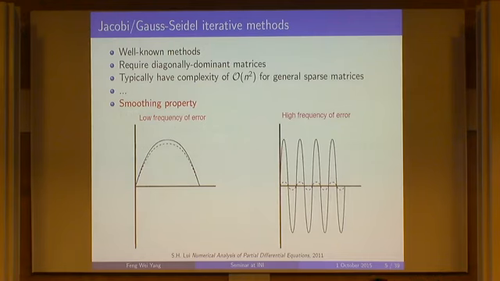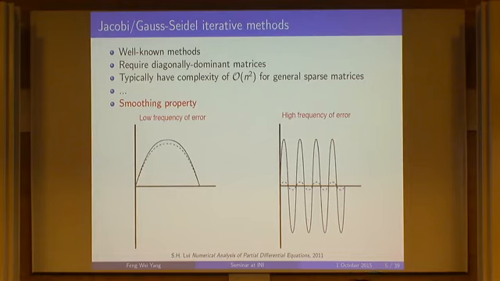Right. Talking about multigrid, I have to start with Jacobi and Gauss-Seidel-like iteration methods. They are at the core of multigrid, and I would regard multigrid as just a way of speeding up Jacobi or Gauss-Seidel. They are very well-known methods. You can list a lot of things about them in a few minutes.